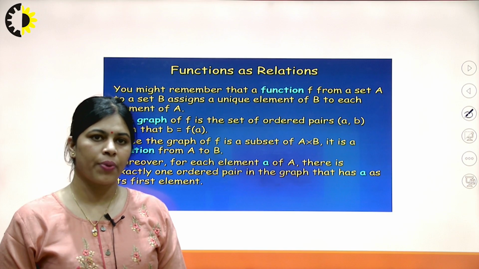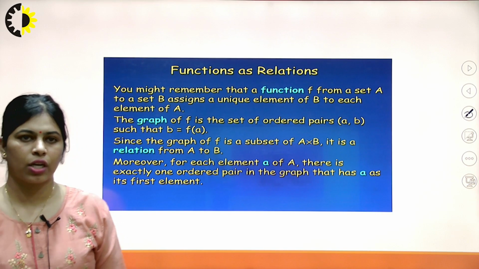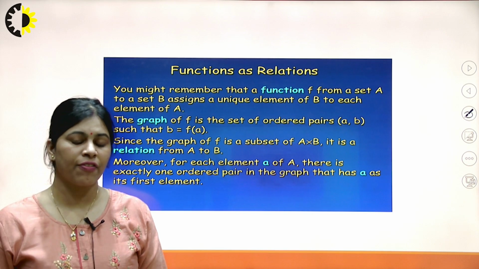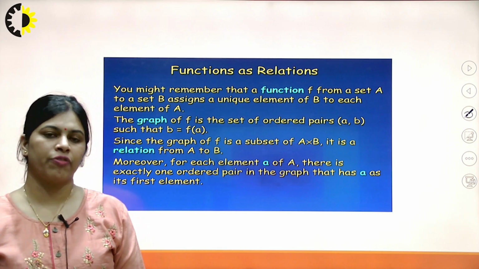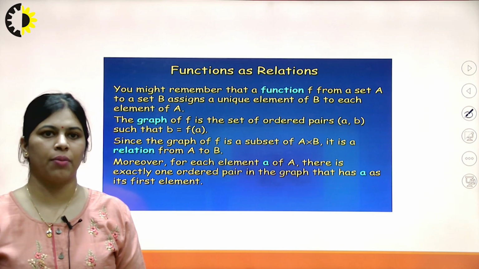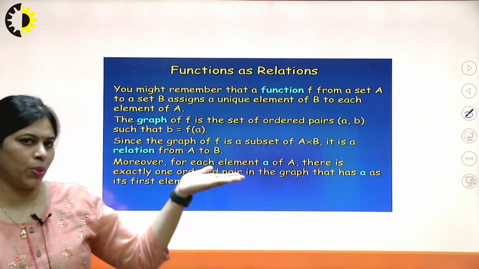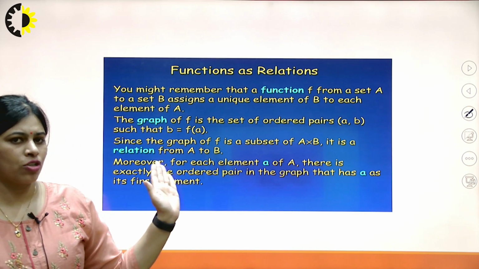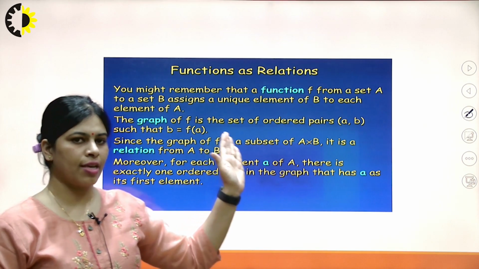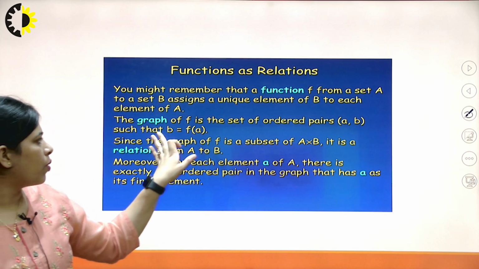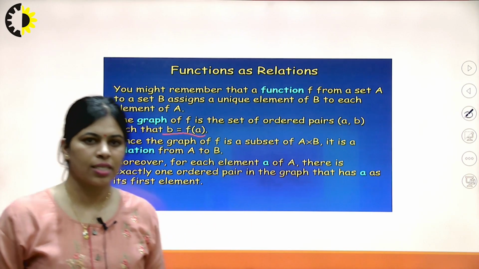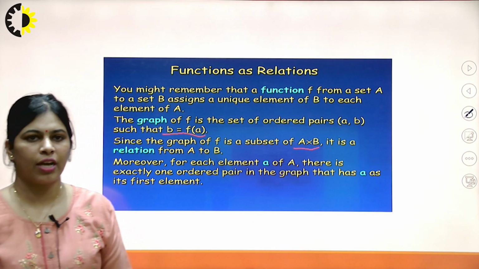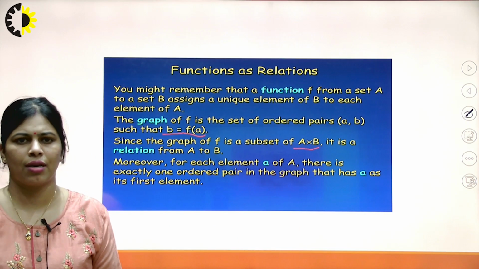Now the next topic is function as a relation. We might remember that a function f from a set A to a set B assigns a unique element of B to each element of A. The graph of function f is a set of ordered pairs (a, b) such that b equals f(a), and the graph of f is a subset of A cross B. So here is the definition of function as a relation.